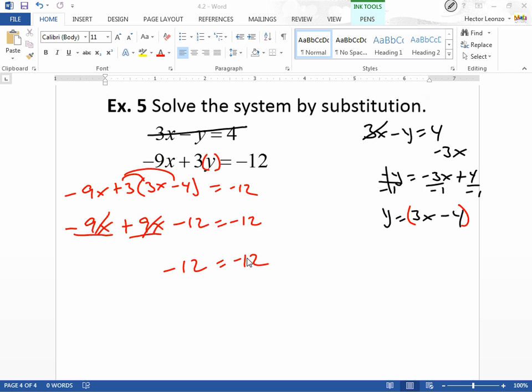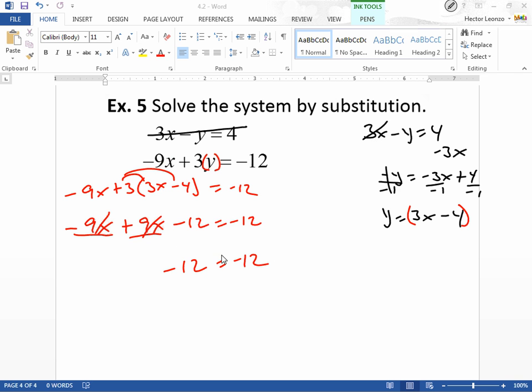Notice how I canceled my x's, or I canceled my letters. Whenever you cancel your letters, that is one of our special cases. Remember back in section 4.1 when we were learning how to graph, some of them had no solution or infinitely many solutions. Remember, no solution when they were parallel, infinitely many solutions when they gave you the same line. Those were our special cases. Now in substitution, our special cases are going to come out like this. We get rid of all the letters, we just have numbers.